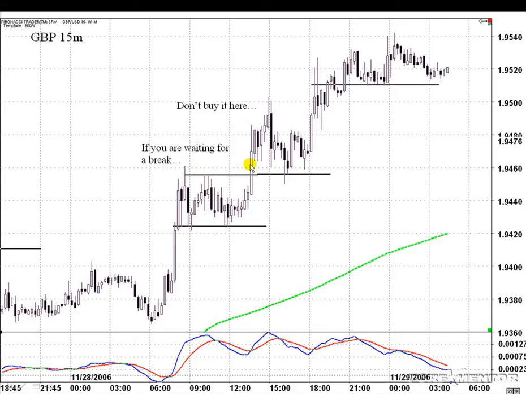The high becomes support, but even here, even this spike here, you can trade on this pullback right here. Look how close this level is. You can trade on this pullback, or you can wait for a more significant, fuller swing.